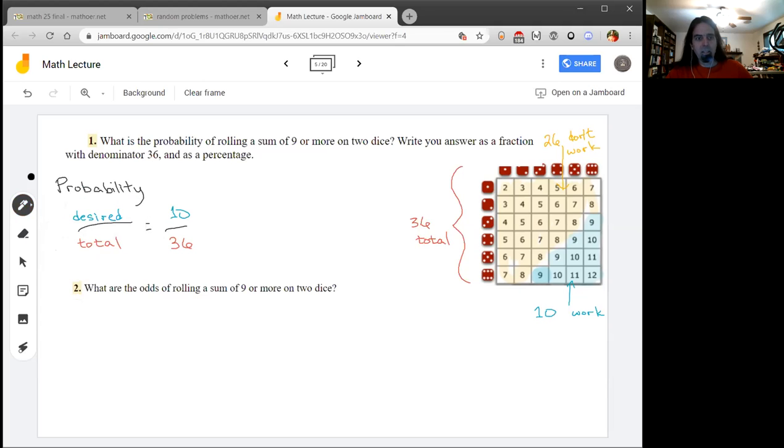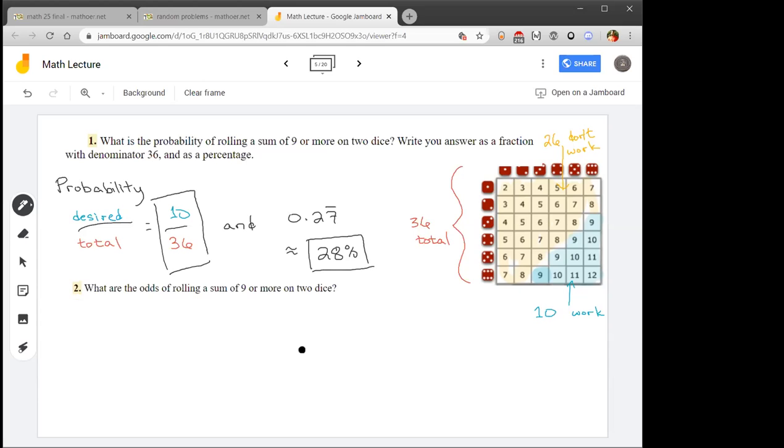And that's one thing it asks for. Write it as a fraction with denominator 36. And if we turn it into a decimal and a percent, 10 divided by 36, so about 28%. Everything good so far? Yes.